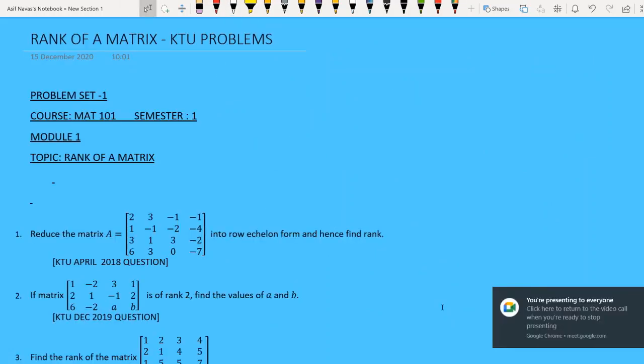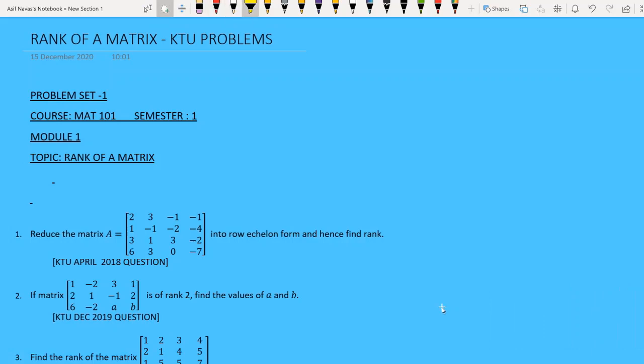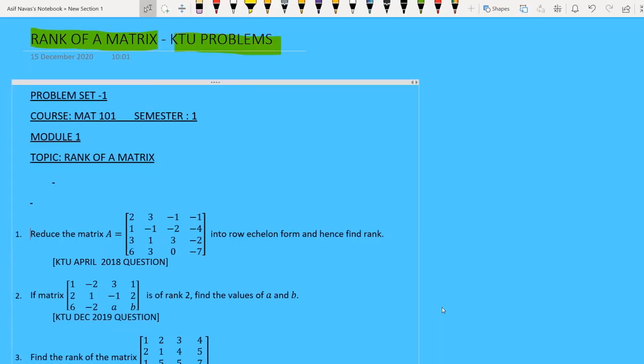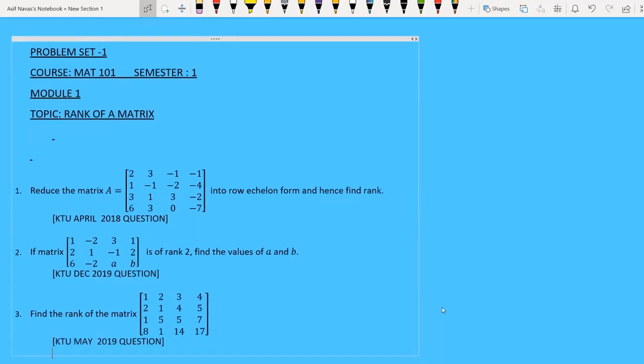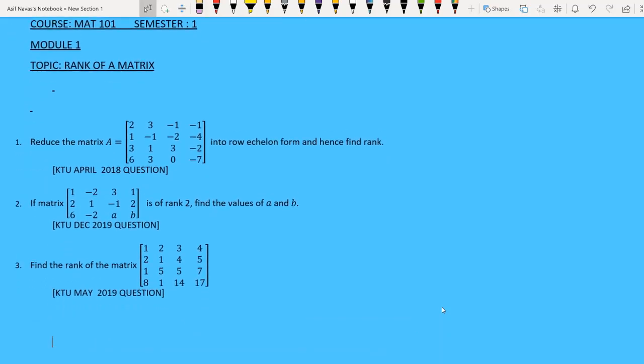So problems: rank of a matrix and previous year KTU problems. These are 3 problems we will discuss today. The first one is: reduce the matrix A into row echelon form and find the rank. This is a KTU April 2018 question.